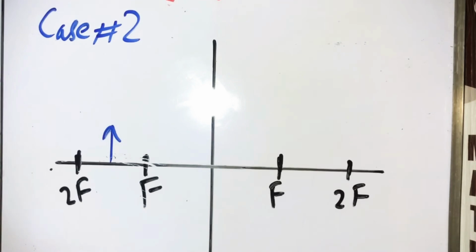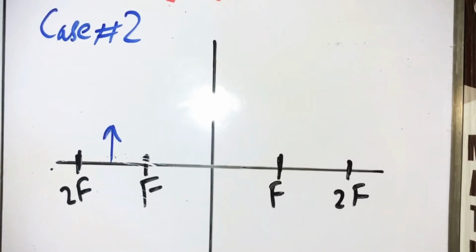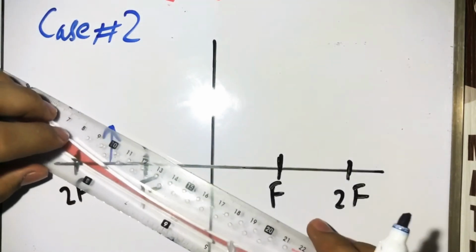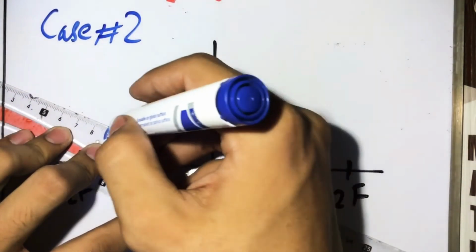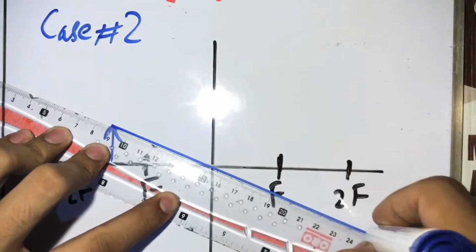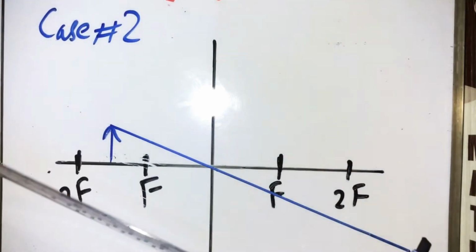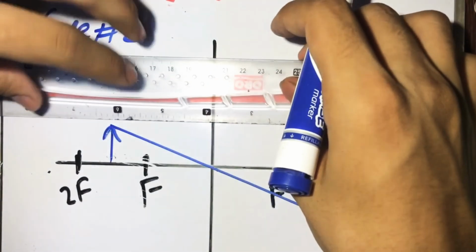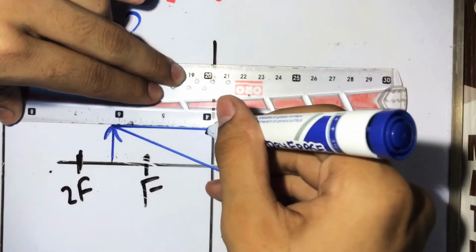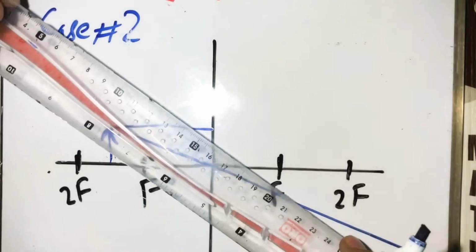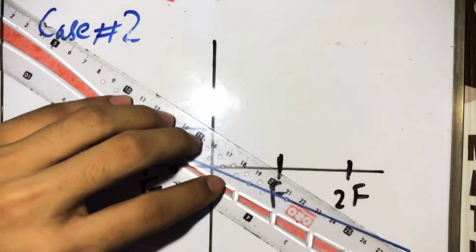Now the first ray that we'll draw will pass through the optical center of the lens. The second ray will first travel parallel to the focal length, and then it will converge through the focal point.